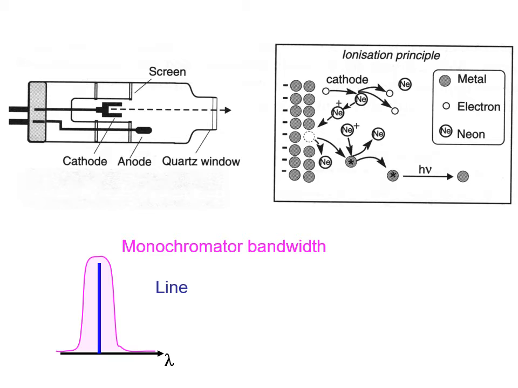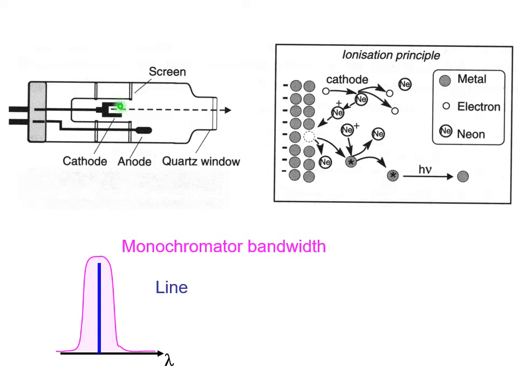Next, a source that will give us that many photons will be very expensive as well. The solution was very interesting, though difficult. Instead of making a very narrow monochromator, we are using a special lamp, a so-called hollow cathode lamp.